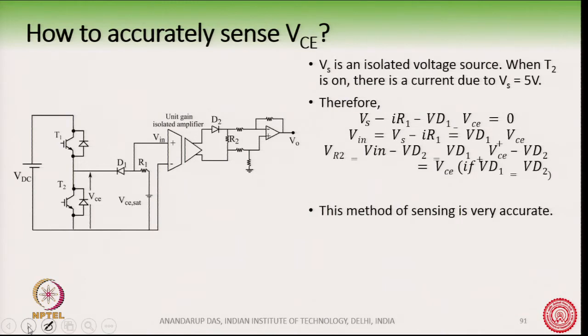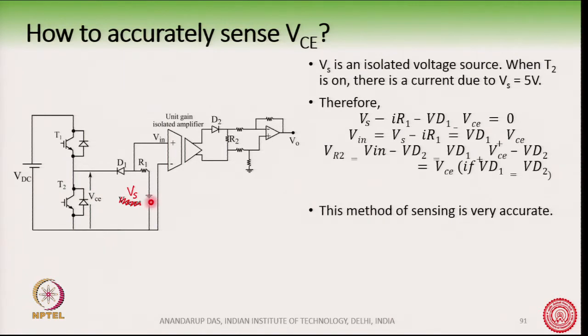Suppose this is the circuit. Suppose there is an isolated voltage source Vs here, and I want to know the VCE on of this device T2. So, how will I do that?